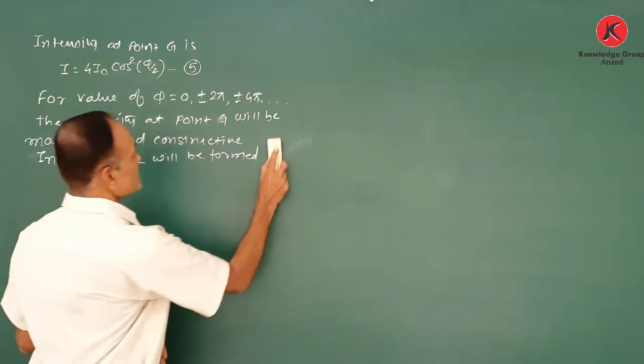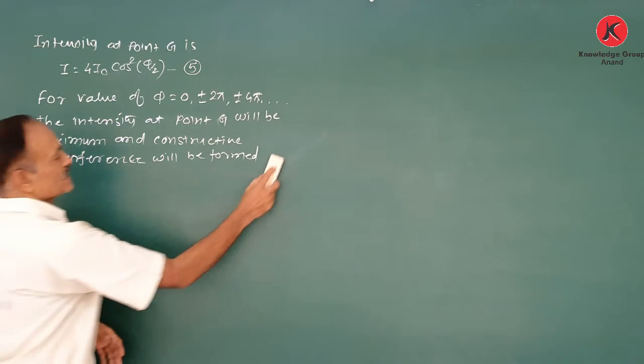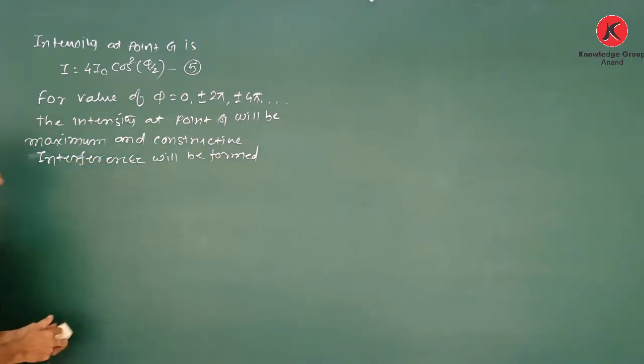So that is the condition for constructive interference, the maximum intensity at point G.